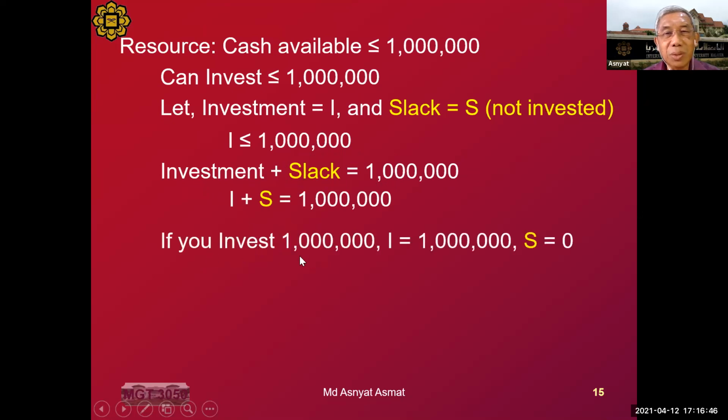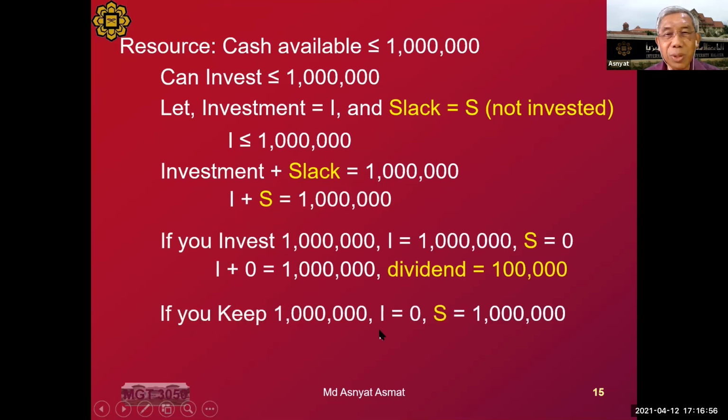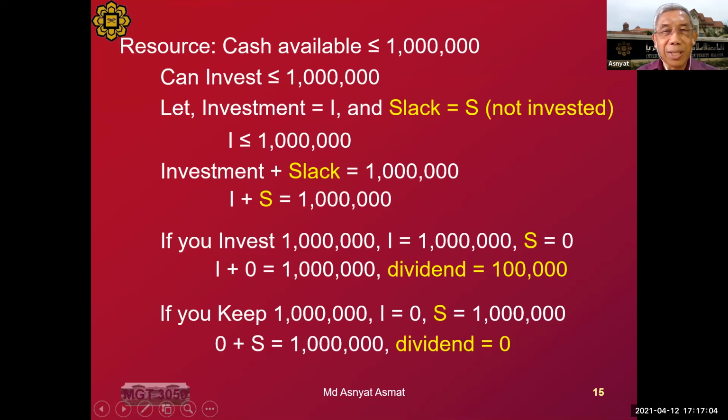So if we invest 1 million with 10% return, you get 100,000. Again, if you keep all of it, slack is 1 million, you get nothing, dividend 0. Okay, now let's go to Simplex.